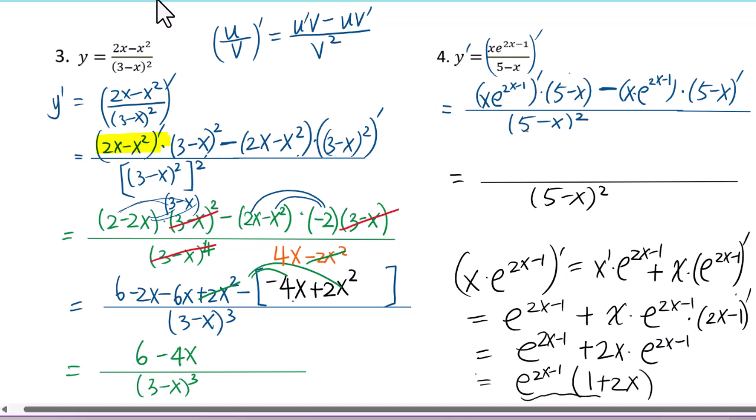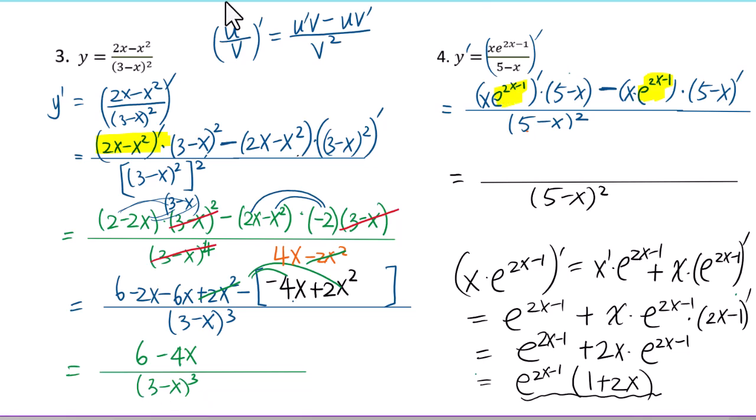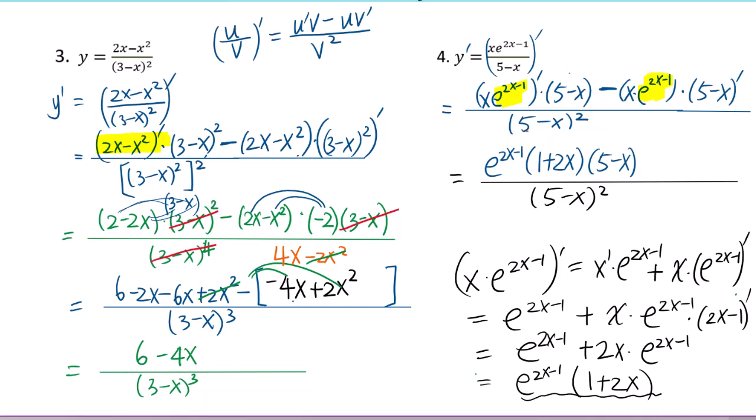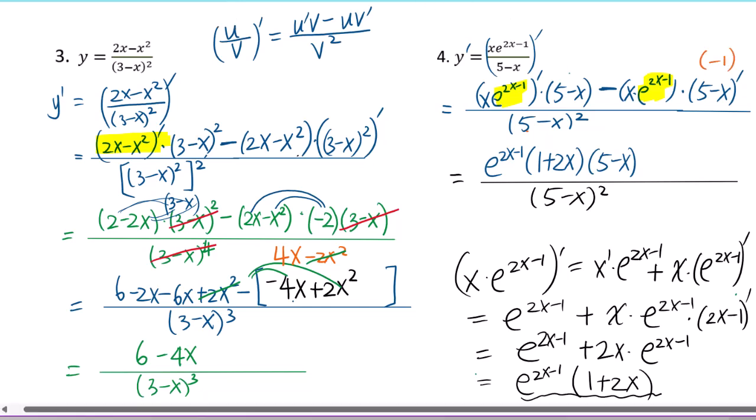The reason why I do the factoring here is that we can get e to the power of 2x minus 1 as a common factor later on. So we got e to the power of 2x minus 1 times 1 plus 2x times 5 minus x. 5 minus x prime is a negative 1. Negative is a positive, so plus x times e to the power of 2x minus 1.